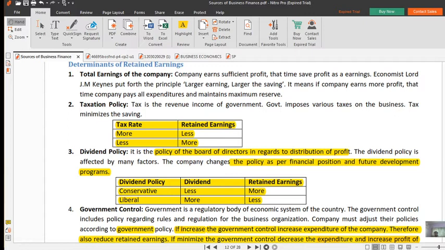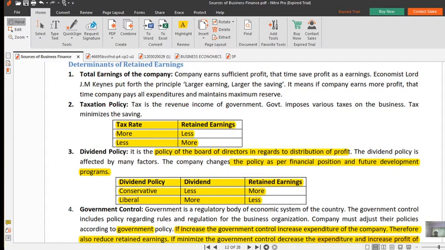Next, taxation policy. Tax is the compulsory payment made by companies to the government, because one of the sources of revenue income to the government is tax. Through taxation the government gets revenue.